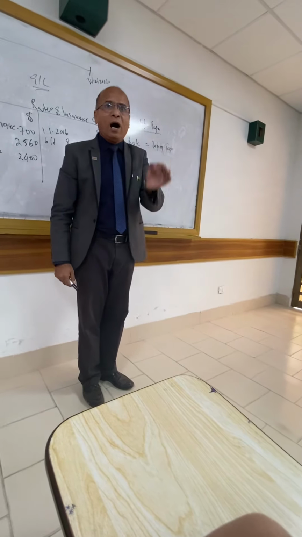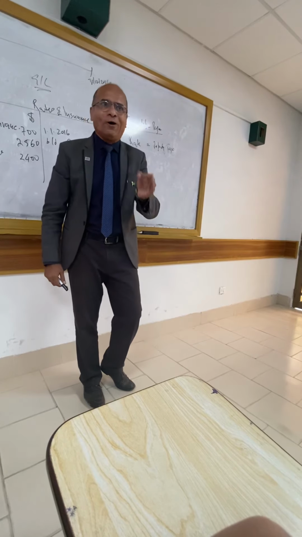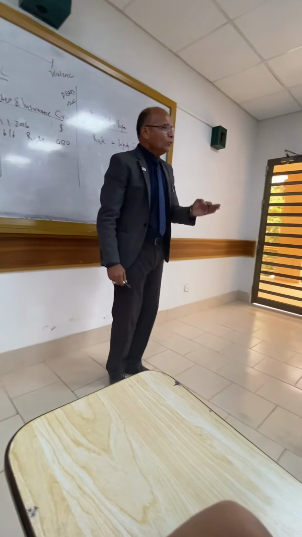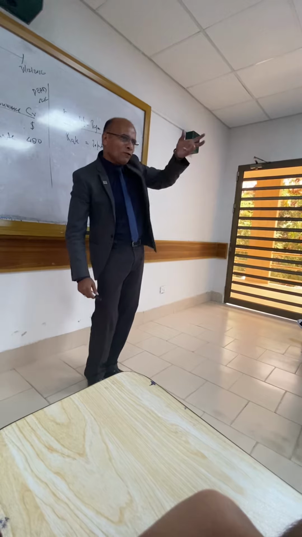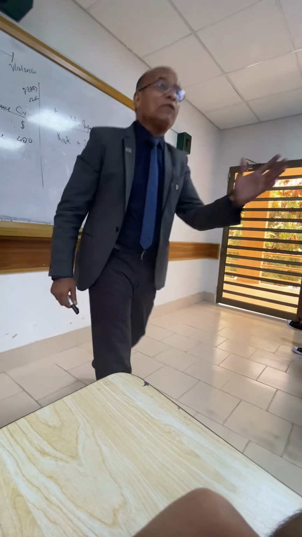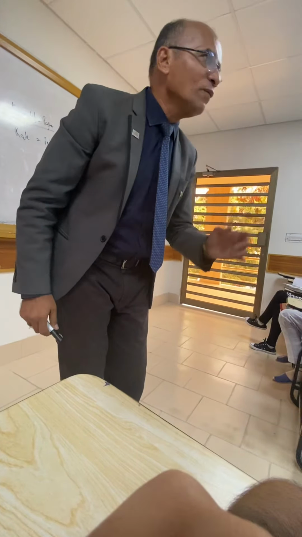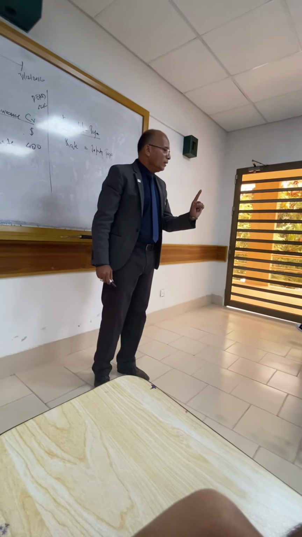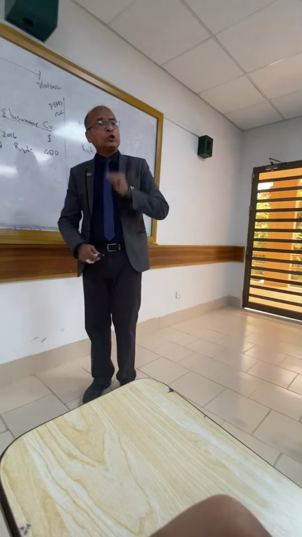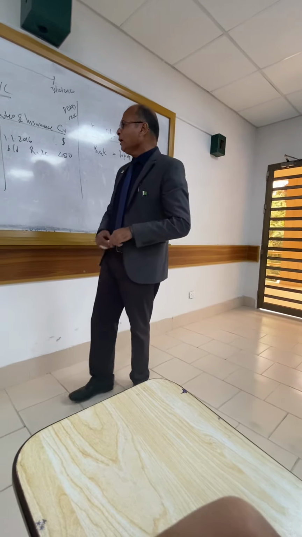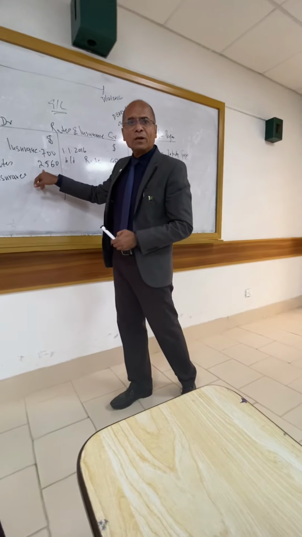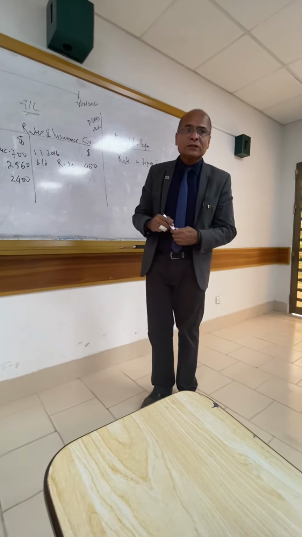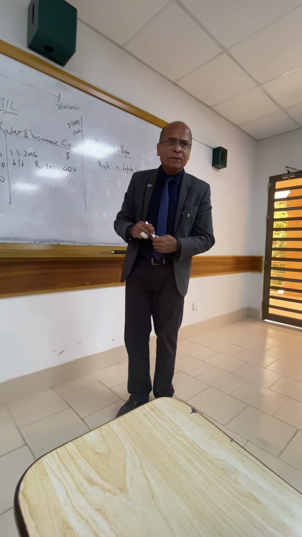It means we are interested in recording only that part of the payment against which we receive the services. That is our expense. So now we are looking at insurance and rates. The rates amount is 2,560. And this is for how many months? 16 months.